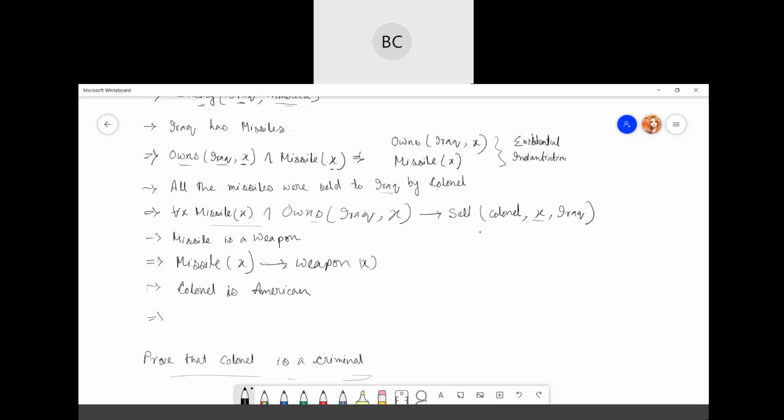Okay. Next thing is Colonel is American, so I can simply use American(Colonel). So here we just converted all our facts to FOL first.